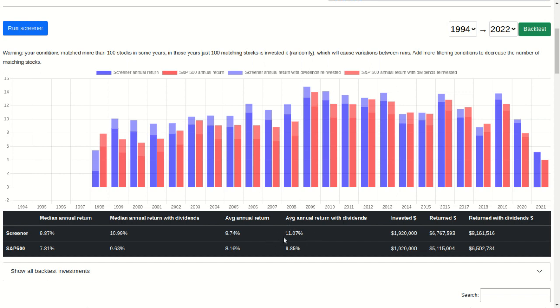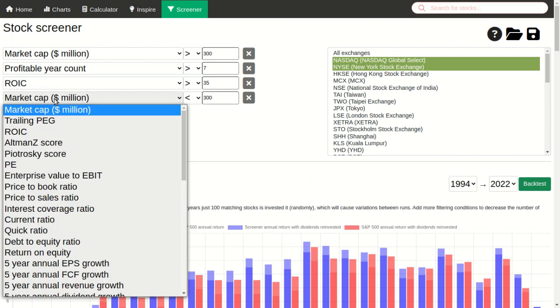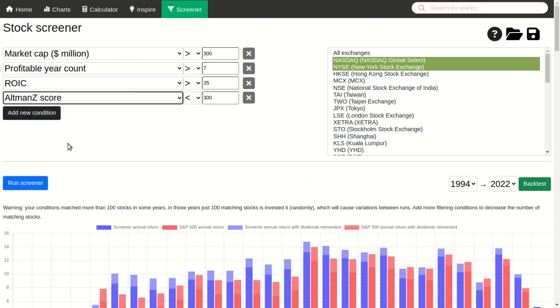Okay, so next up, let's add something related to the financial strength of a company. I'm going to use the Altman Z-score here. The Altman Z-score is a number to help determine the financial strength of a company. Originally, it was made to try to predict bankruptcy in companies. When it's close to 0 or even less than 0, the chance of bankruptcy is really high.